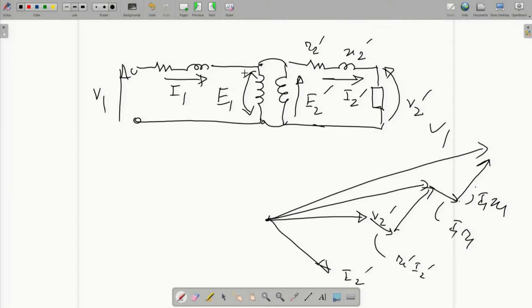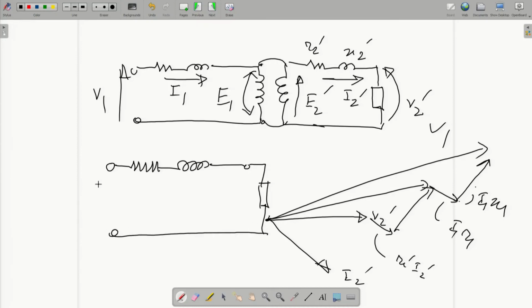So you can further simplify. This is just a series equivalent circuit. You can consider one resistance here, one reactance here, and then the load. This is very, very convenient. This is V1 now.